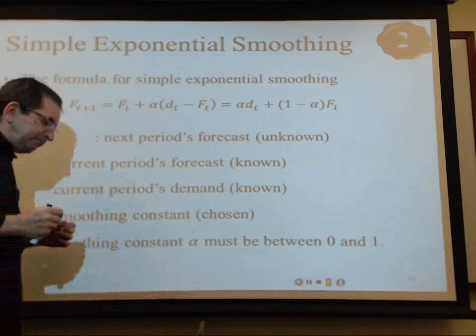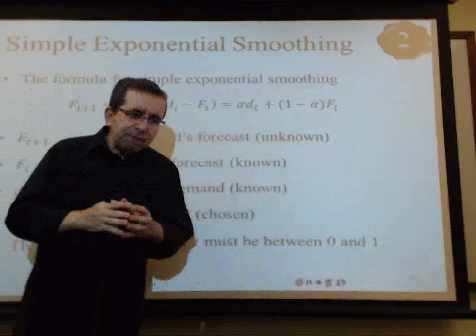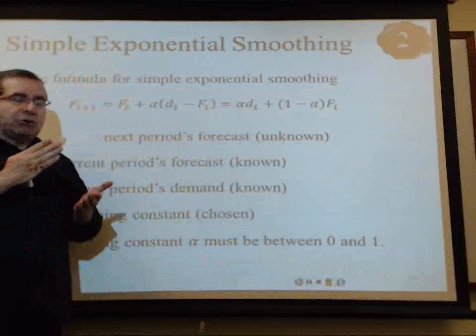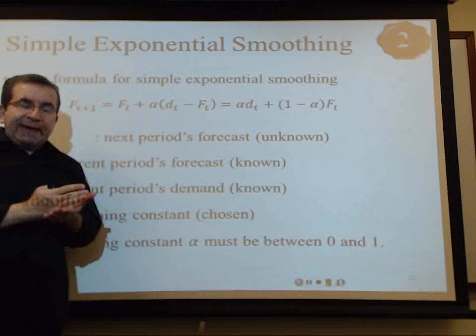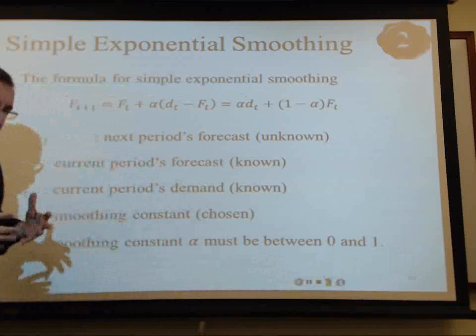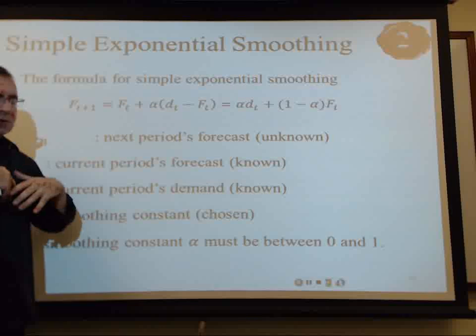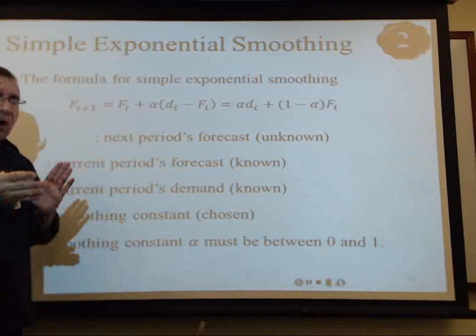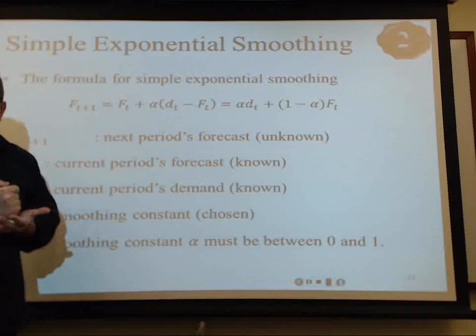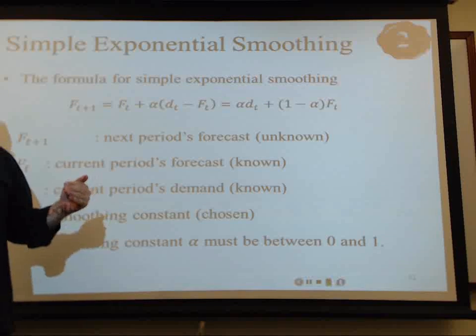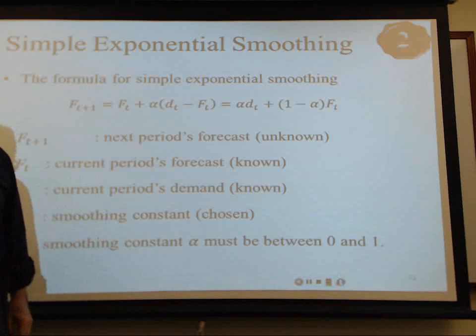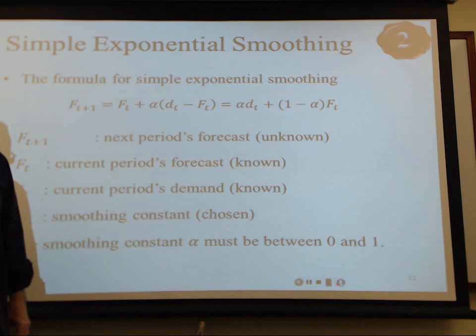Okay, so what is the idea here? Now, in simple moving average, we don't always get close to the actual demand. So when we generate forecasts, we will almost always be off by a little bit. What this means is that for each period, we will deviate from the actual sales.